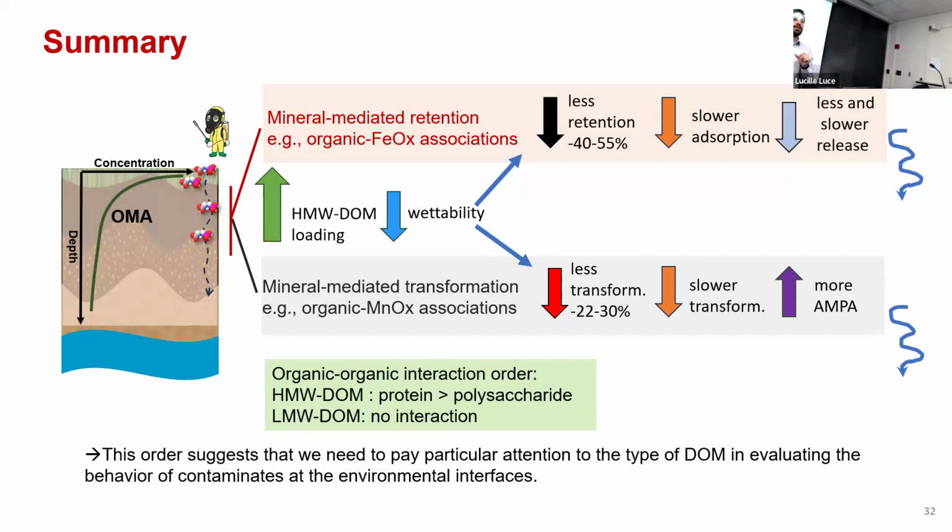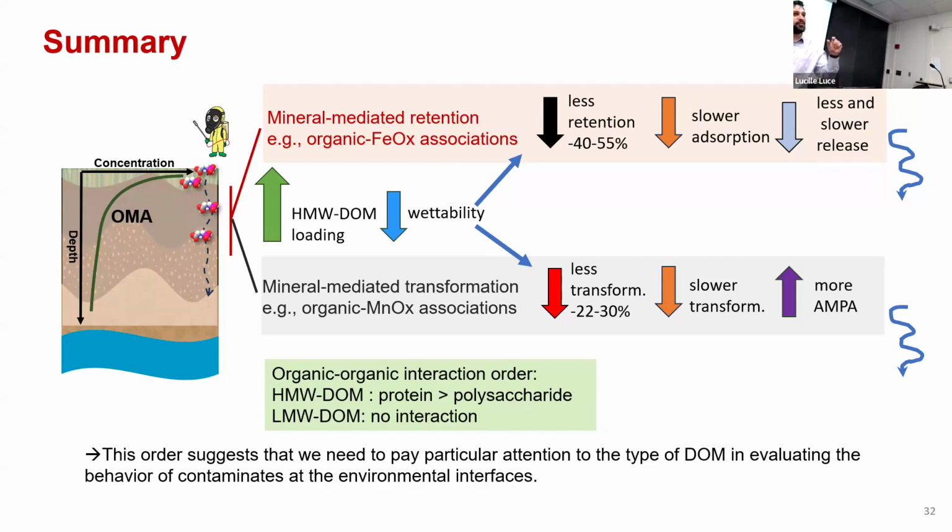And when we have transformation, AMPA is more pronounced this time compared to the surface without any organic matter. And that's not good. That's my conclusion somehow. High organic matter in the soil environment is going to be problematic in terms of contaminant transport and contaminant fate. The problem is the contaminant first, but this is a subsequent kind of interaction.